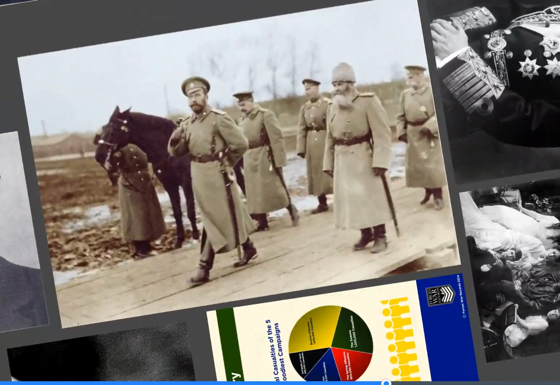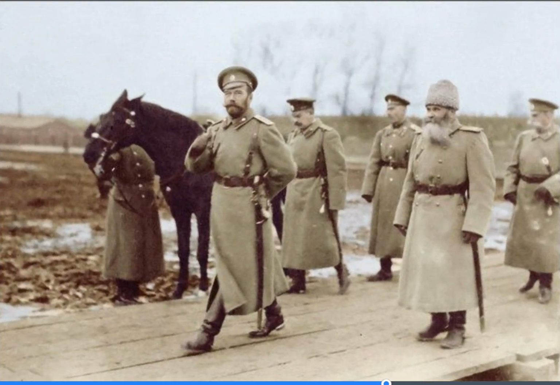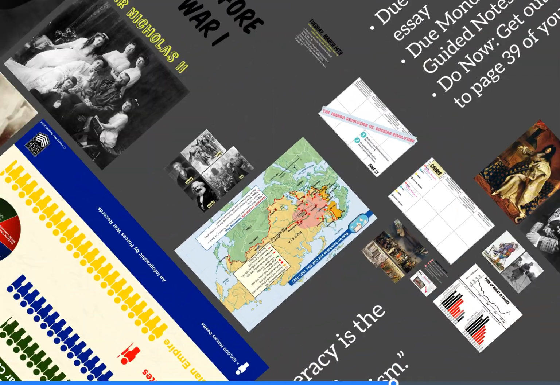Similarly, Tsar Nicholas II, during World War I, decides to leave the government in St. Petersburg and go directly to the front to lead the troops. But this did not prove to be very inspiring leadership for them, and as they continuously lost battles, it fell more and more on his shoulders alone. So in that sense, the power of the monarchy was starting to decline.